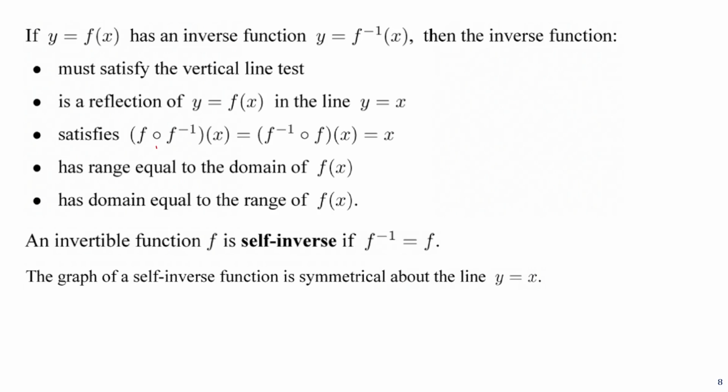So this means function composition, which is a composition between f and f inverse, which basically means you can use another notation to denote the meaning of this. This also means f of f inverse of x. These two expressions have the same meaning.